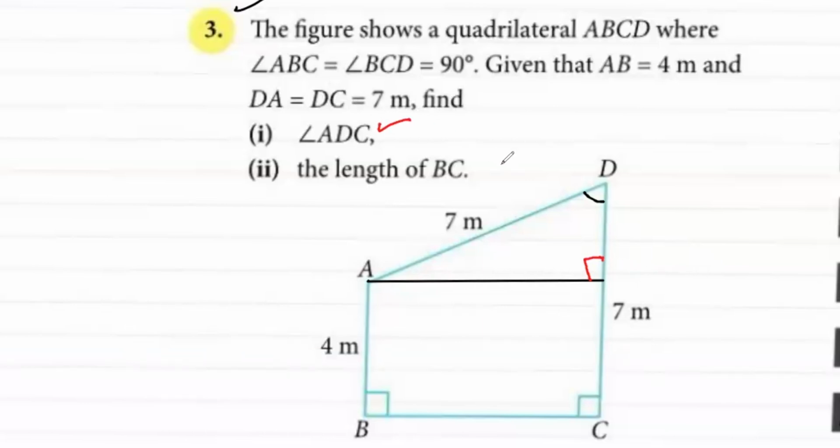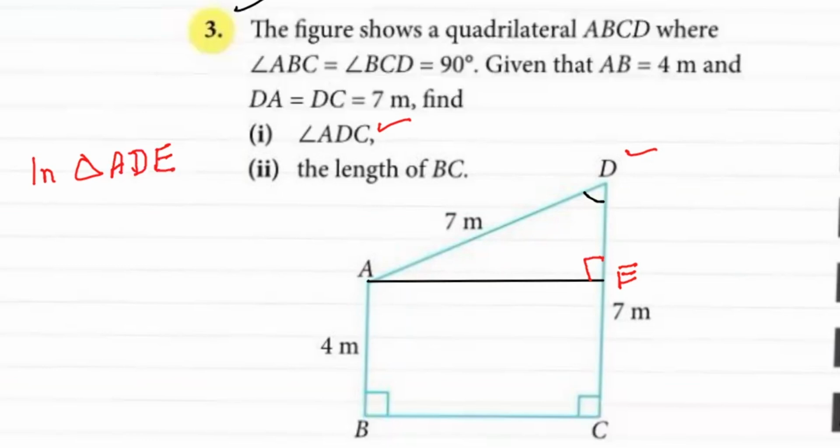With the help of this right angle triangle, we can find out the angle ADC. This is the first part. I'm going to solve the first part, ADC. Here you can see that D is this angle ADC, so here I am writing ADE, in the triangle ADE, because E is a point I have drawn myself.